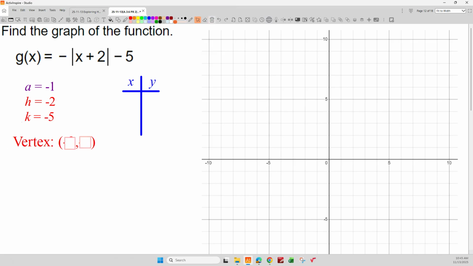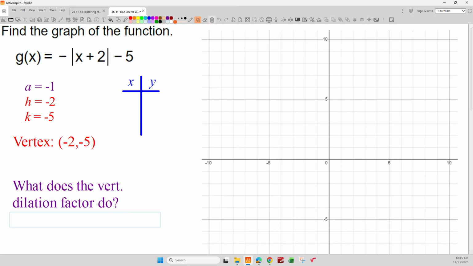Okay. So then what are the coordinates of the vertex? -2, -5. Okay, and we could even add that onto our t-table. When x is -2, y is -5. And remember, if we read a t-table horizontally, it's just an ordered pair, right? So we know that the vertex is going to be at -2, -5, so it's right there, okay?